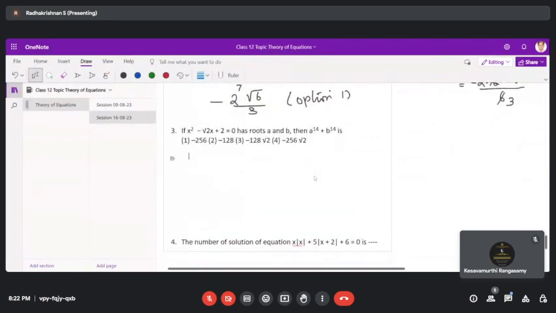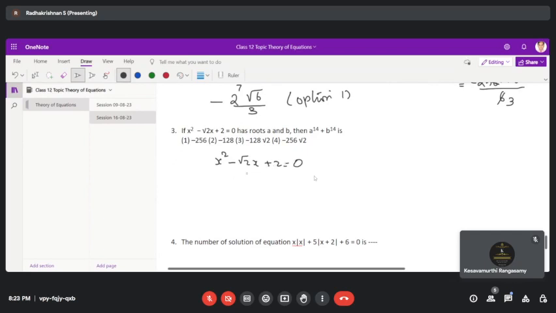Okay, I am going to leave this problem to you as homework to solve. I want you people to try. Here again, there are two ways you can do it, because in this equation, x square minus root 2x plus 2 equal to 0, we can determine the roots alpha and beta.